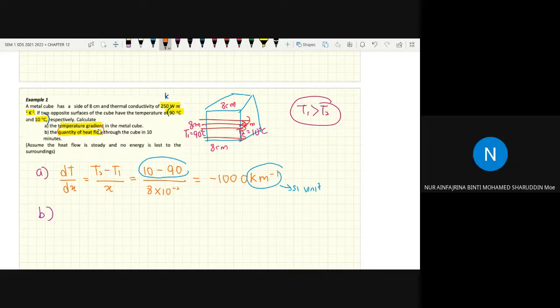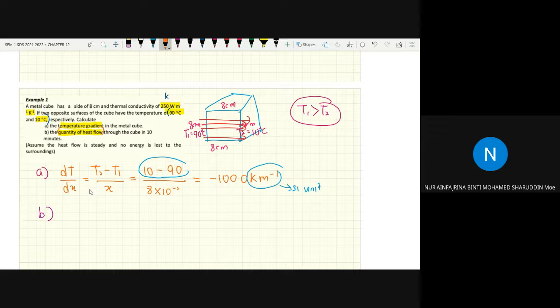Okay, dia cakap apa? Rate of heat flow ke dia minta quantity of heat flow? Anyone? Quantity, okay. Bila dia minta quantity of heat flow, so dia minta apa? Akilah, dia minta apa sebenarnya? Quantity of heat flow.